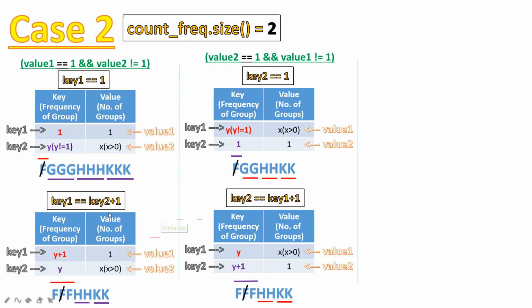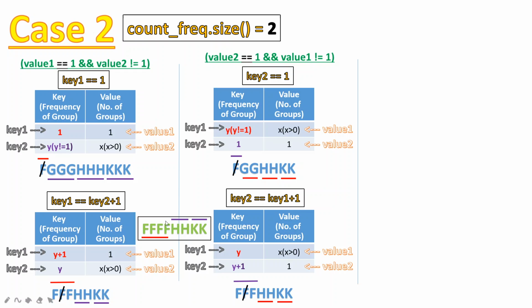So let's look at an example where we have F having 4 frequency, H having 2 frequency, K having 2 frequency. So right here, instead of 1, it is basically 2, right? So why is it? The frequency of this is 4, and we are only allowed to cancel out one element.